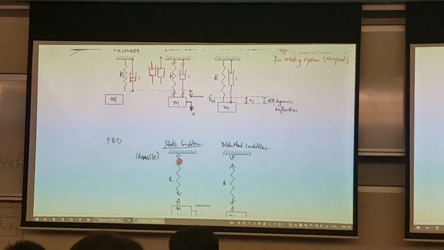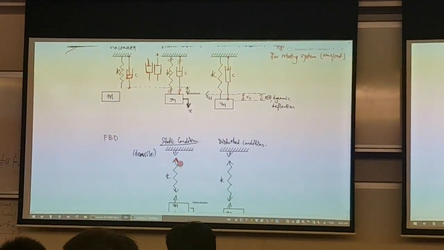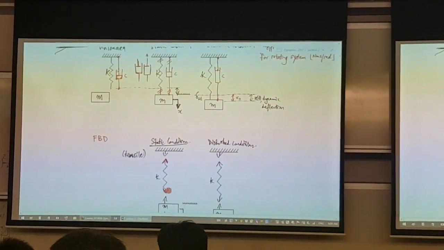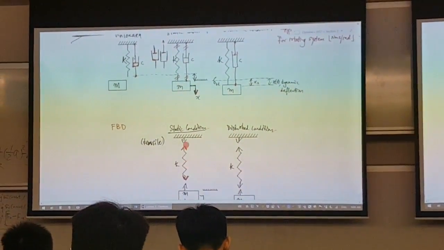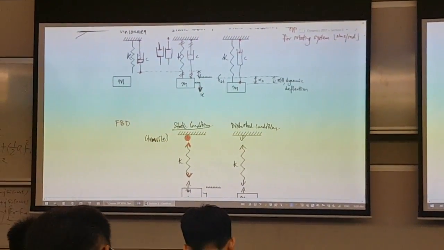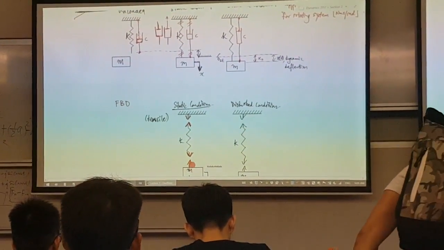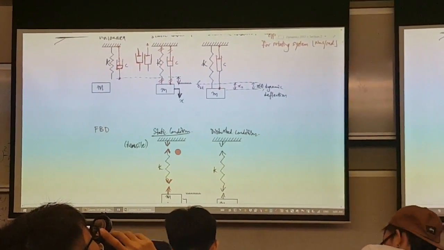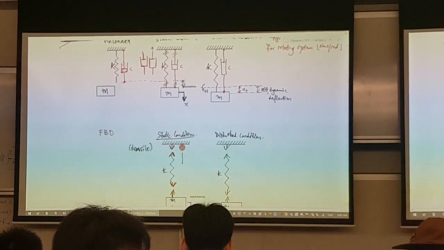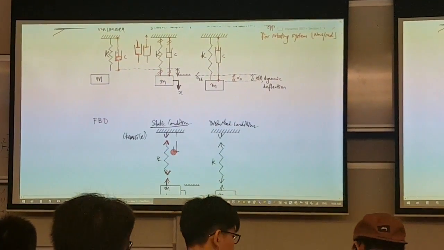So if it's under tension, then I sketch it that way to show that the spring is being pulled, and there will be an equal and opposite force in that way. If I were to cut the damper, this is what's going to happen.